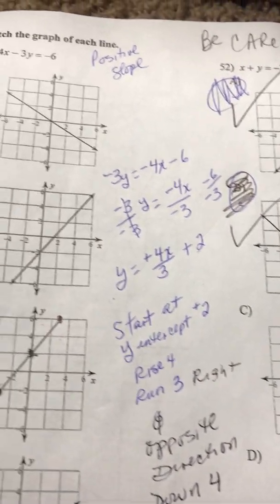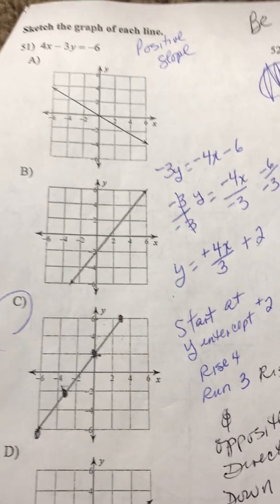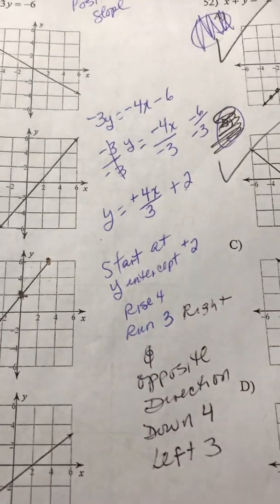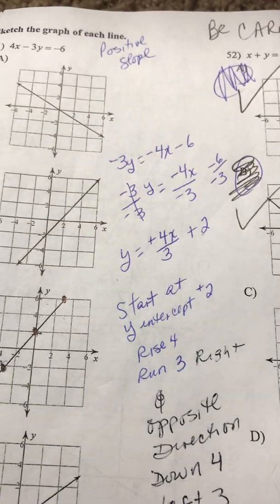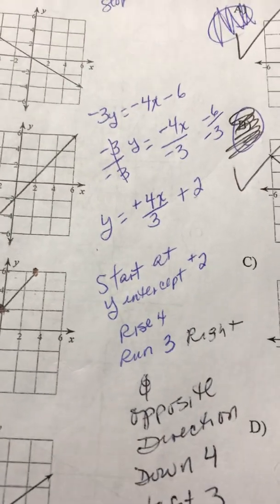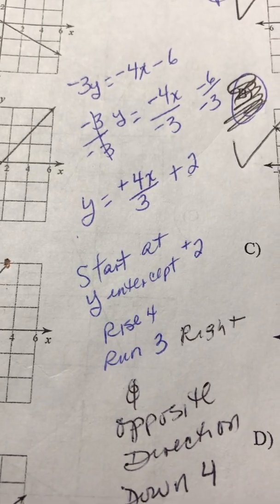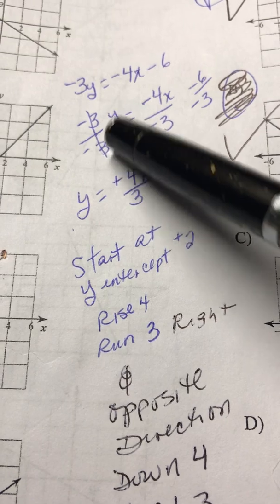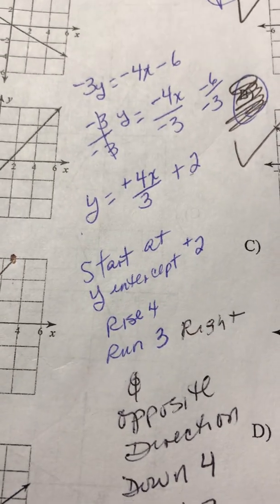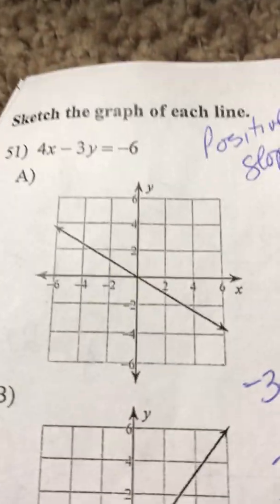So let's go ahead and write it out. Okay, just bear in mind that you cannot, for math, you cannot forget your basic addition and subtraction. Your basic division. You know, when do you divide and when do you not divide? Okay? So let's work on number 51.